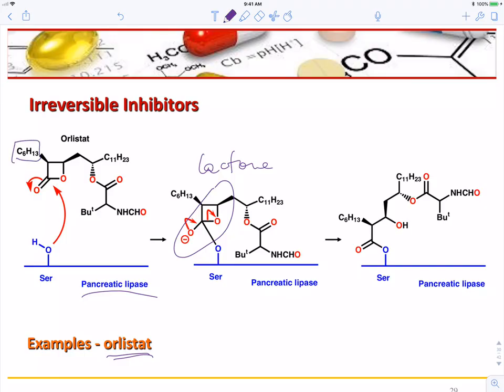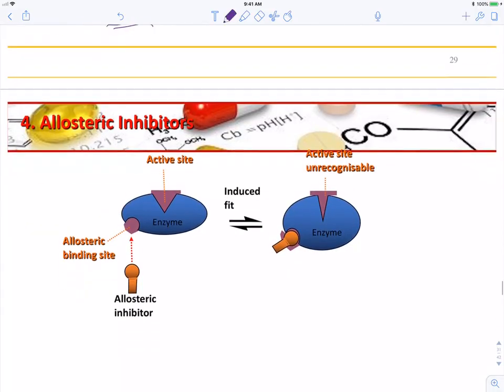Binding to the active site of pancreatic lipase triggers opening of the lactone ring by the nucleophilic serine, and that in turn results in formation of this covalent adduct between the enzyme and orlistat, which is basically irreversible because it takes a very long time to hydrolyze.